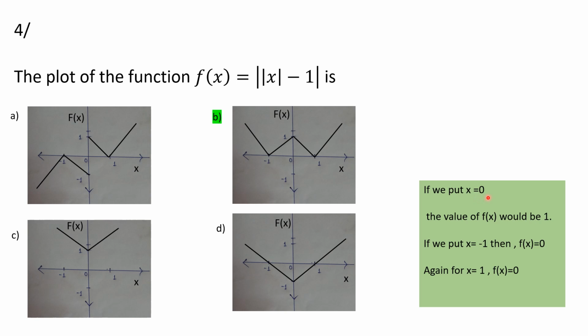If we put x equal to 0, f of x will come out to be plus 1, because the mod of minus 1 will be equal to plus 1. Then if we put x equal to minus 1, f of x would be 0. So by comparing all these figures we can get that option B is the correct answer here.